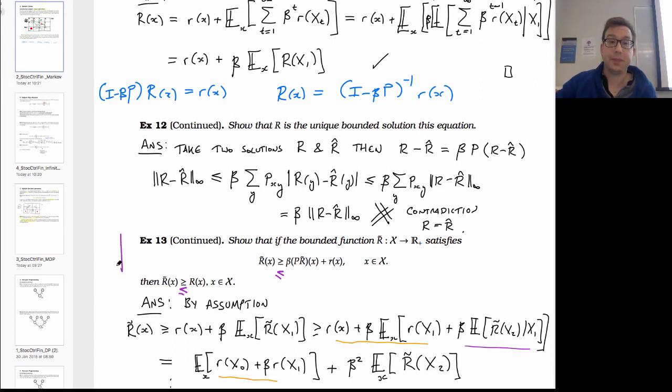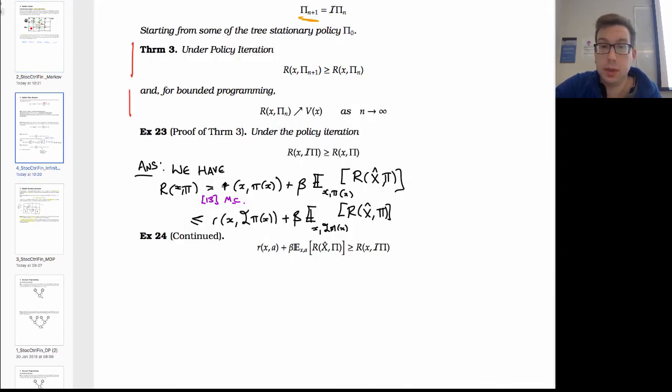Oh, that shouldn't be a 13, that should be 11, sorry. So that should be 11 from the Markov chains notes.